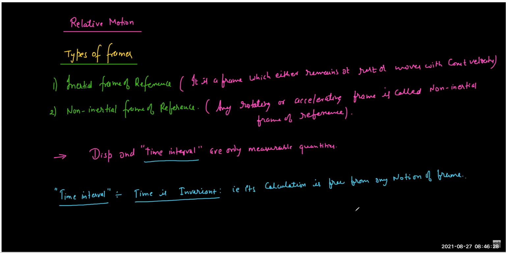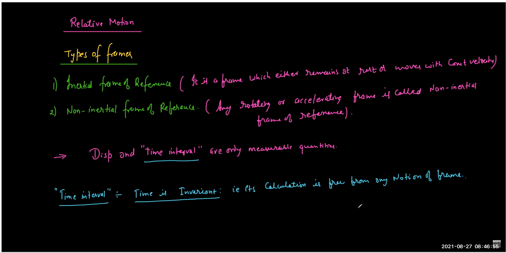For example, let's say you're in a car sitting on the rear seat. The car is moving on a straight line with uniform velocity. And in your hand, let's say there is an apple. If you throw the apple vertically up, what do you think? The apple will go back to your hand, true or false?